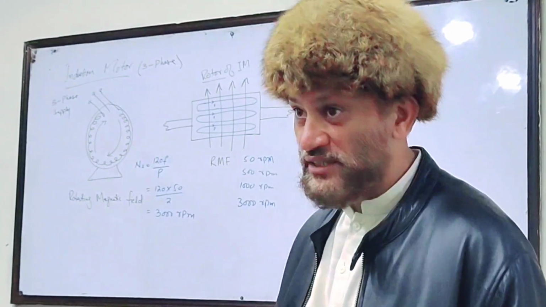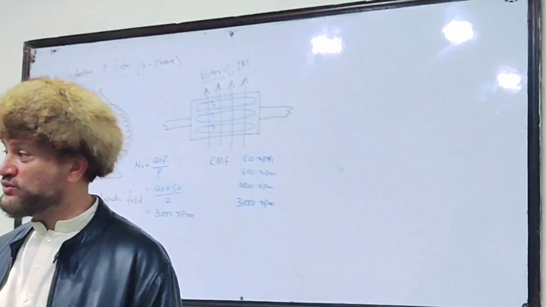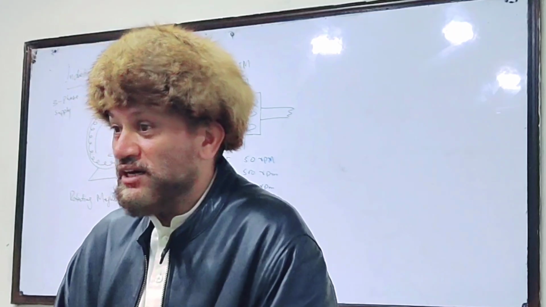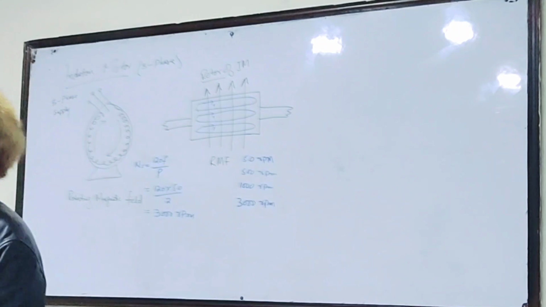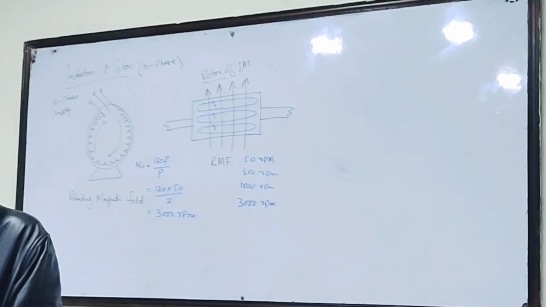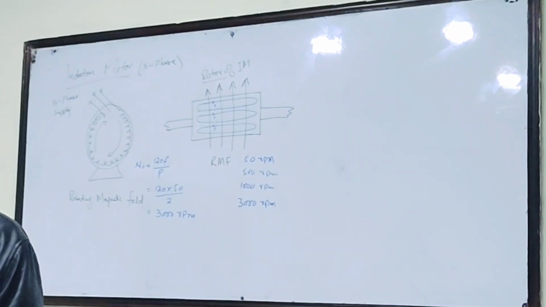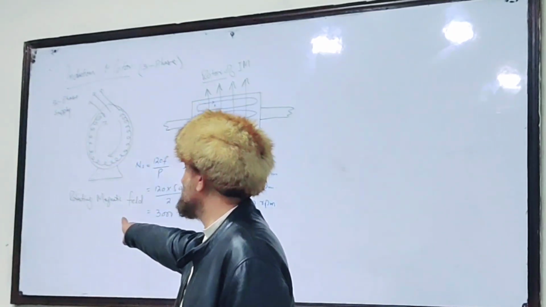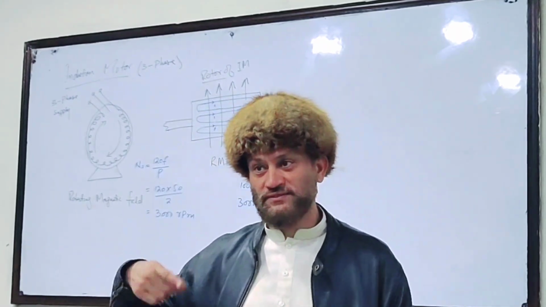And when there is no EMF induced in the rotor bars, there will be no current flowing in these bars. And when there is no current through these bars, there will be no force on these bars. And when there is no force, there will be no further increase of speed of this rotor. The rotor will be slowed down. And again, when it is slowed down, the rotating magnetic field will never slow down, so again EMF is induced.